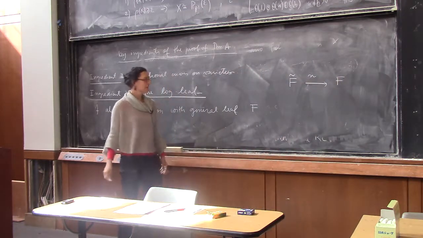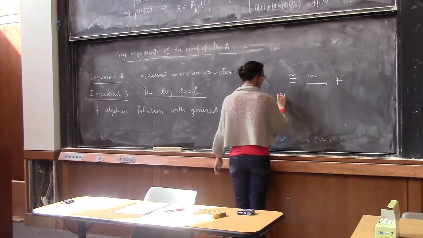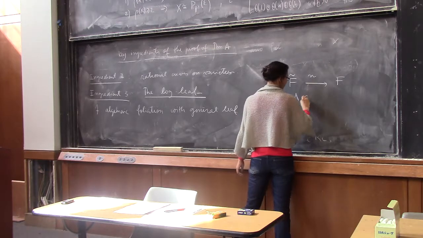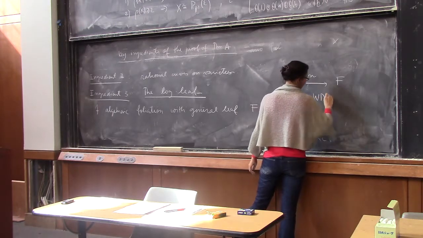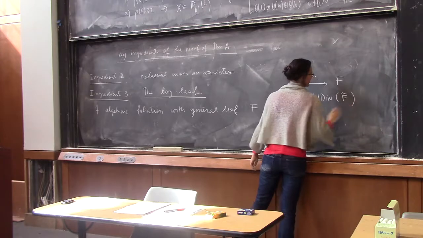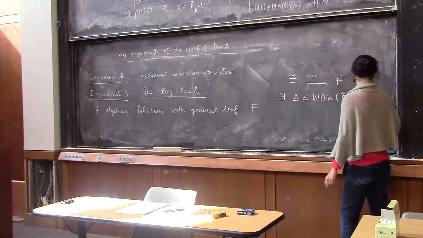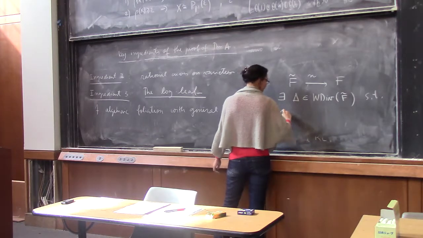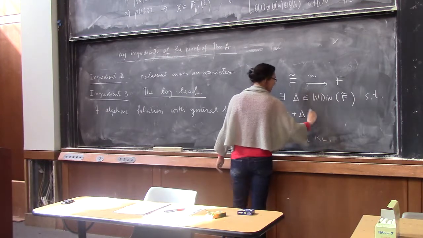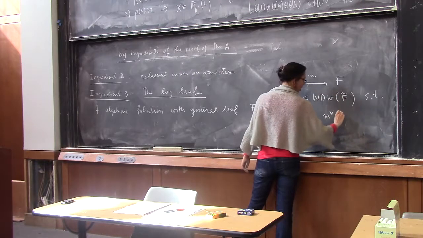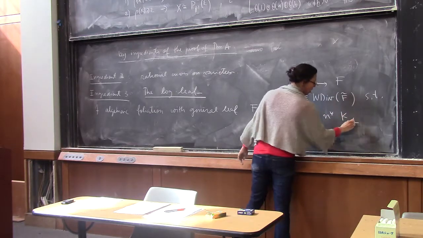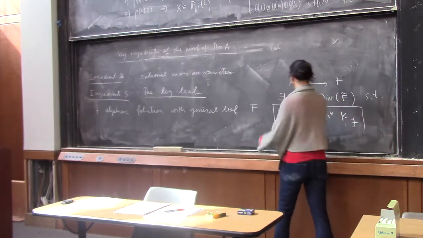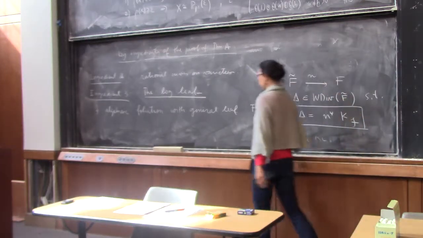And it turns out that there exists a canonically defined Weil divisor Delta in F tilde with the property that the canonical class of F tilde plus Delta is just the pullback of the canonical class of the foliation. So this is sort of why we call it the log leaf.